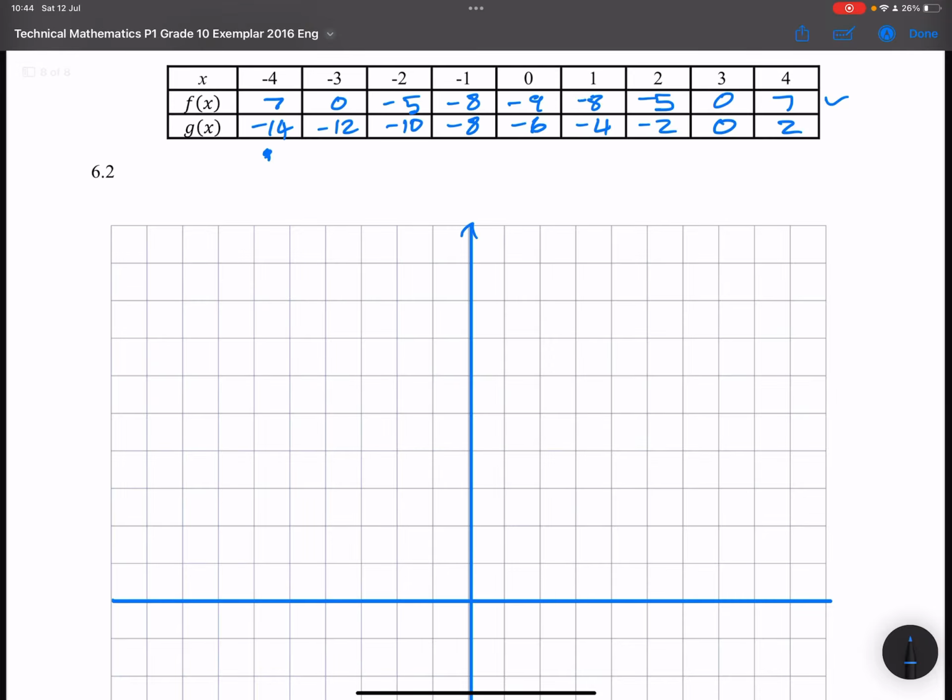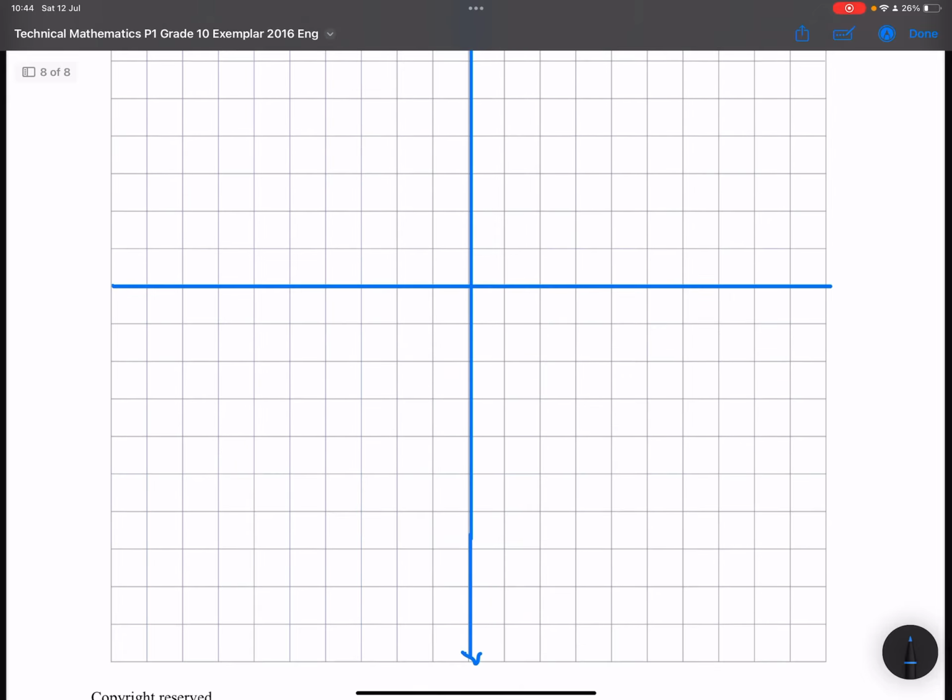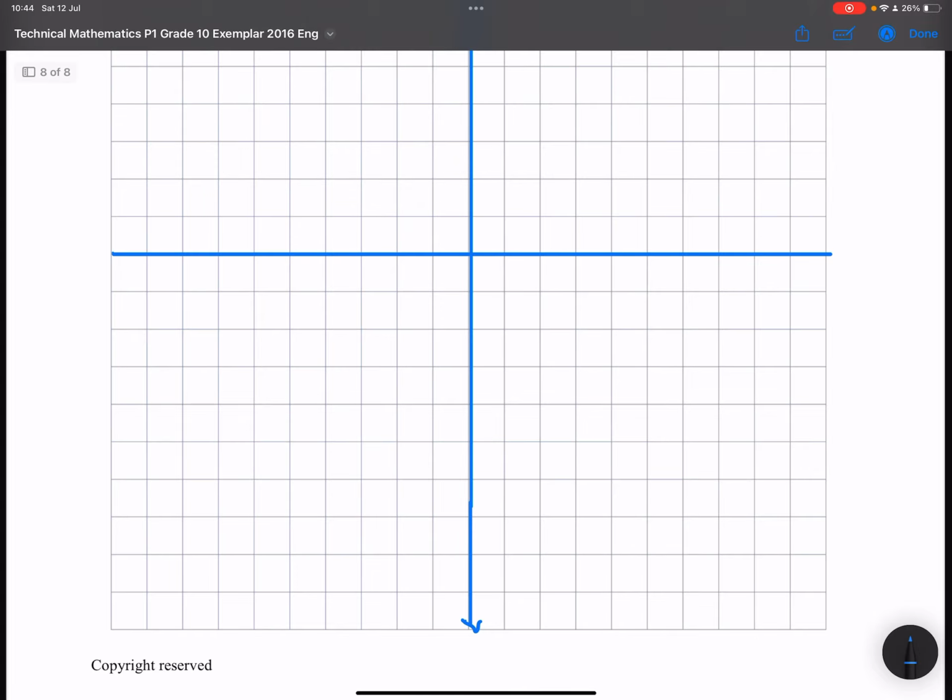Now because I've got 14 for g of x, I don't have 14 cells in which to do that, so I'm going to make each cell to be 2.